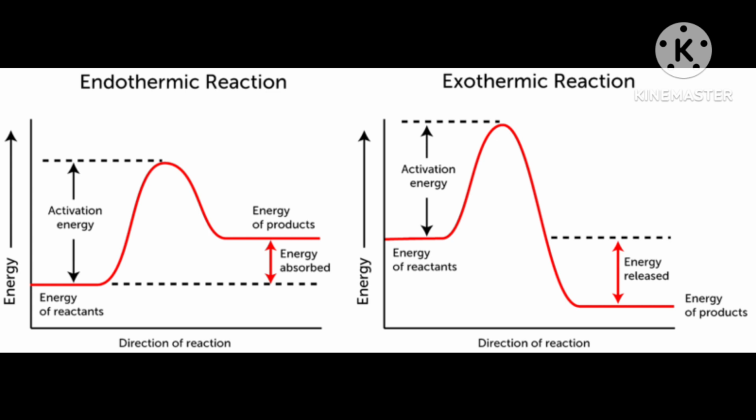Both H will come close to both I, and they will make a weak bond between H and I. The H-H bond will not break fully at that time; it will also become weak, the I-I bond also becomes weak, and a new weak bond begins to form between H and I. So at the intermediate stage, bonds are not broken completely; they are only weakened.